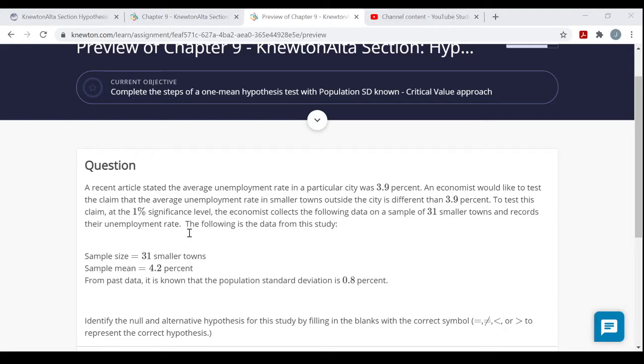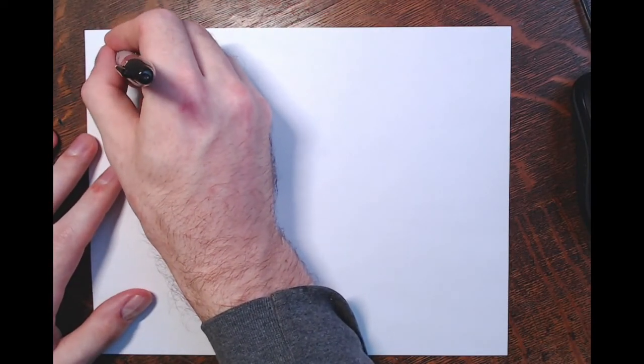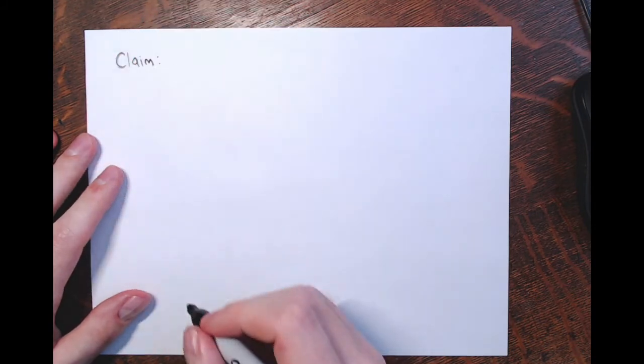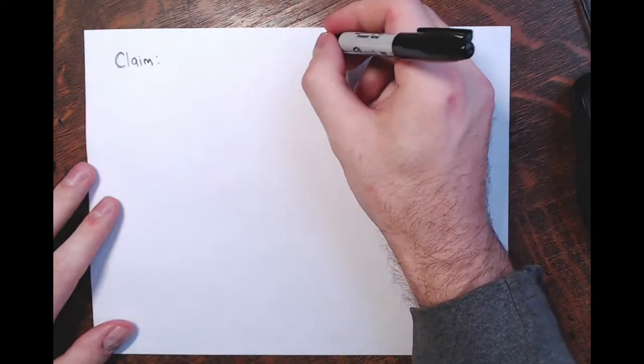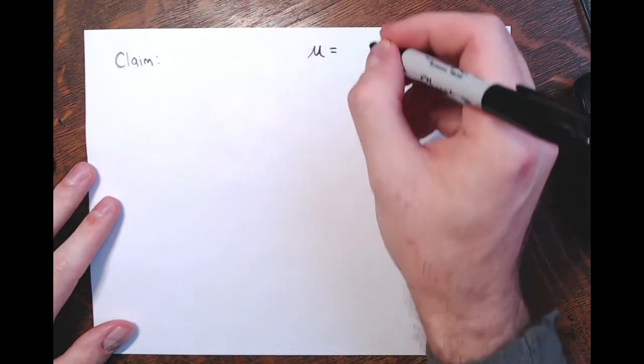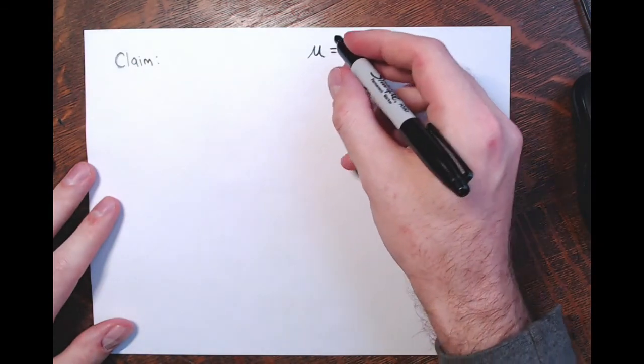Alright. So I'm going to go to some paper and write this stuff down here, and we'll go through the steps of a hypothesis test. So step one is to identify the claim that's being made, the claim that's being tested. Off to the side, this is about average unemployment rate here. I'm going to have mu, which usually represents a population mean.